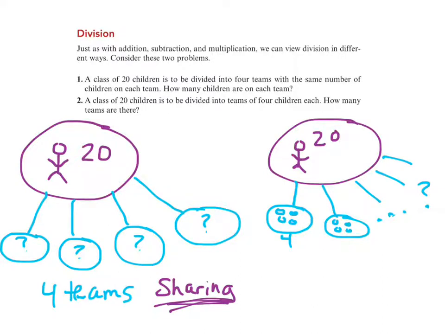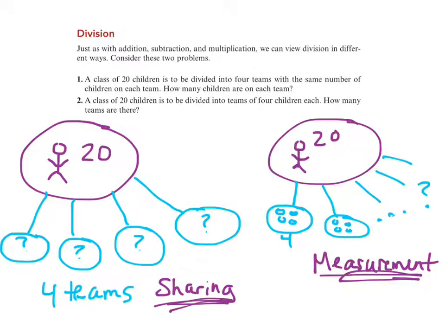In the second problem, this is called measurement division, and it's a little bit confusing because we're not really dealing with measurements, so this is different than the measurement model, which is only used if you're talking about distances or times or different types of measurements. So measurement here refers to the idea that we have a certain number of objects, we have children, and we're trying to measure out a specified number of them to each group, but the question is how many groups.